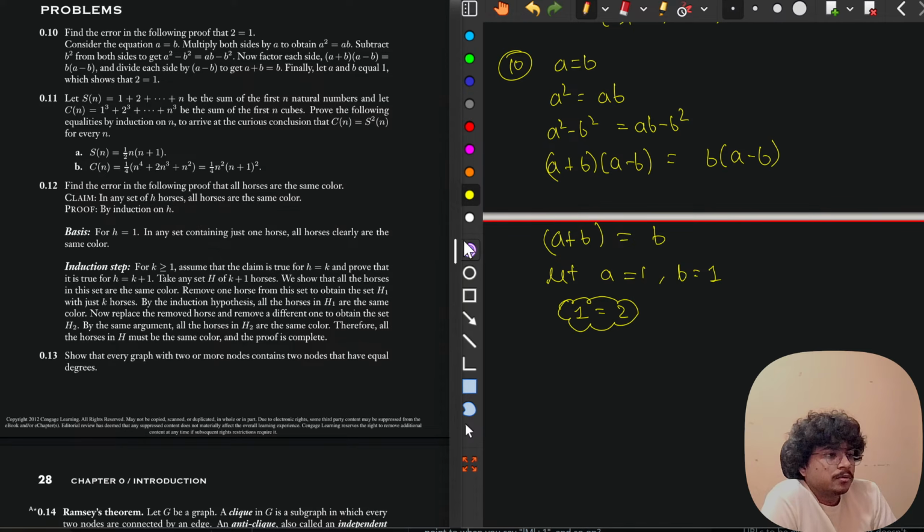This is always going to be positive. B square is always going to be positive. I don't know about... this term is always going to be negative. Possible.